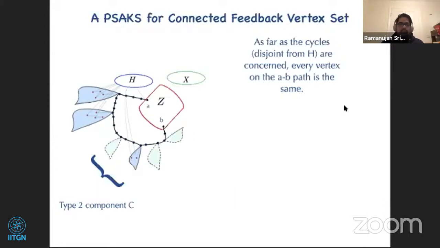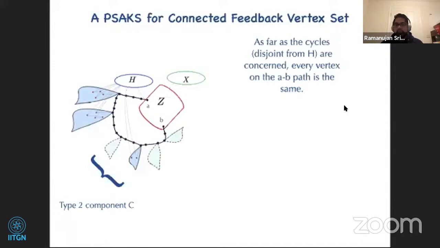Okay, so now if I look at the vertices on this type 2 component C and see how they can hit cycles. Recall, I only need to consider cycles disjoint from H because H is going to be deleted anyway. So once H is deleted, what do cycles look like that pass through this component C?